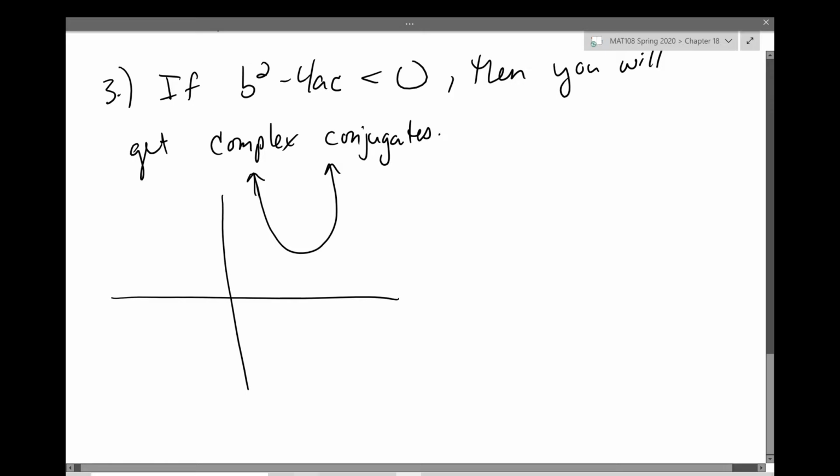And notice this does not go through the x-axis at all. When that happens, x1 will equal a plus bi, and your second solution will be a minus bi, because you have to remember, complex numbers always exist.